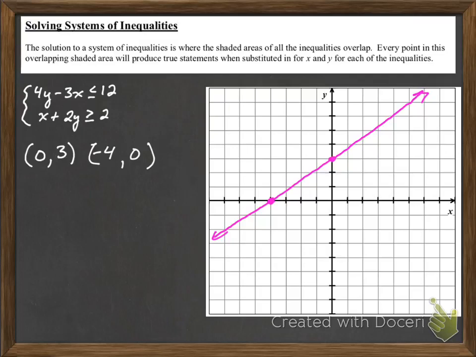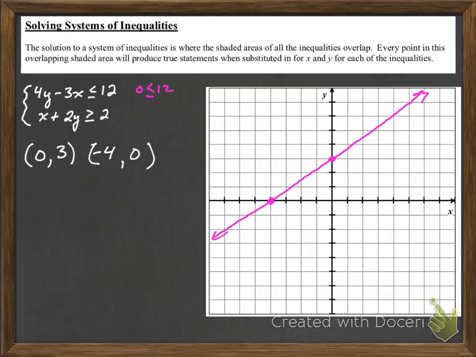If we pick a test point of (0, 0) on this one and substitute it in, you would end up with 0 minus 0 is less than or equal to 12. Well, that comes down to 0 is less than 12. That is a true statement, which means we will be shading on the side that (0, 0) is on. So we will be shading below this line.